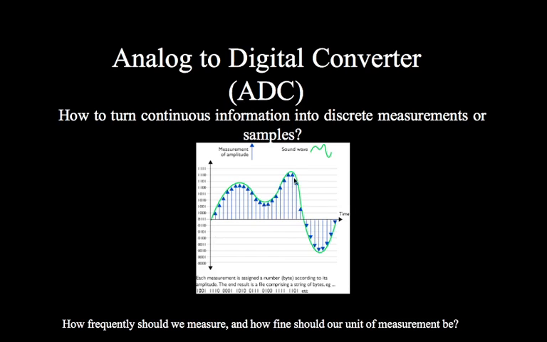But then, of course, the picture we're thinking of in terms of the x-axis, like how many little ruler notches do we have going up and down the x-axis that tells us about changes in amplitude? Because it's a grid in both directions, both in terms of time and in terms of amplitude. So how frequently should we measure, and how fine should our unit of measure be?